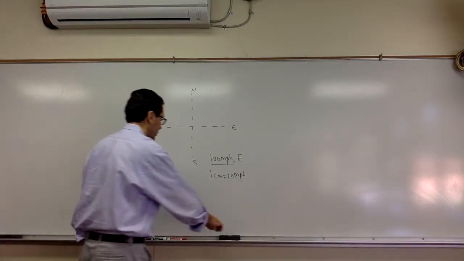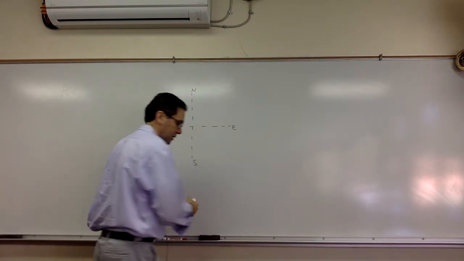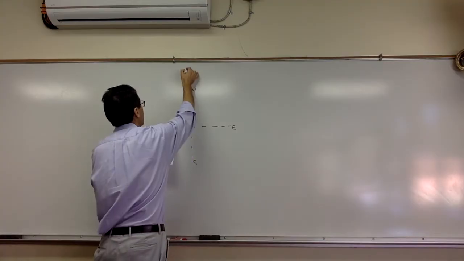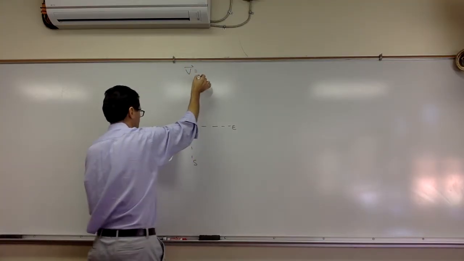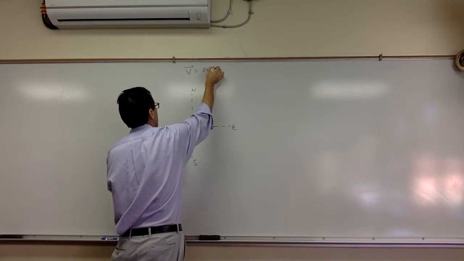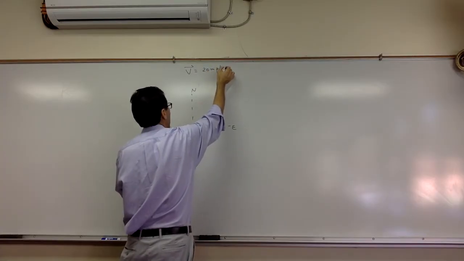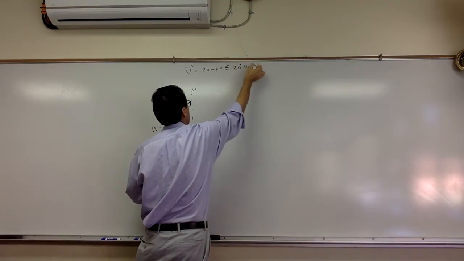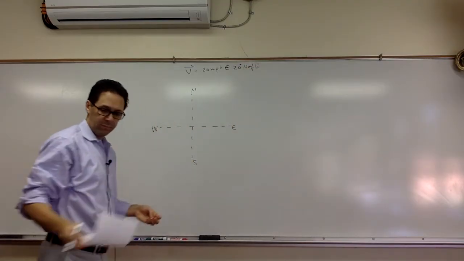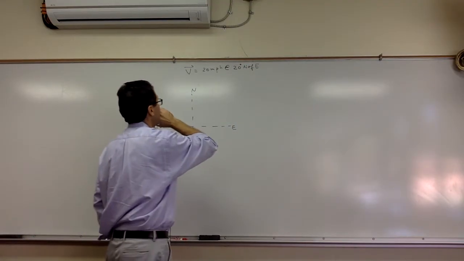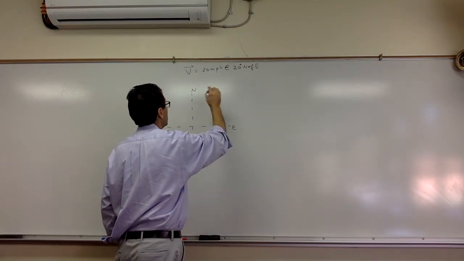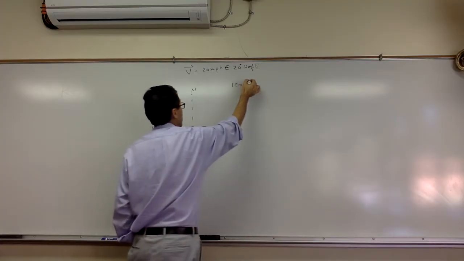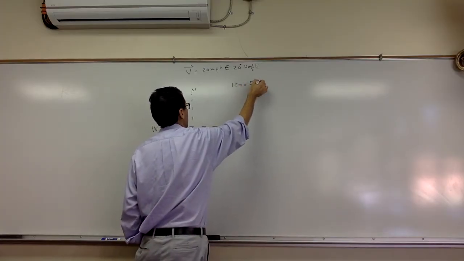Okay. So I'm going to have a couple examples here. I'm going to do one of them for now. So I'm going to say V is 20 miles per hour, okay, at 20 degrees north of east. Okay, so what does that mean? Well, first I have to come up with a scale. So I think I could do 1 centimeter, and I'm saying this is on paper, maybe it's 5 miles per hour.